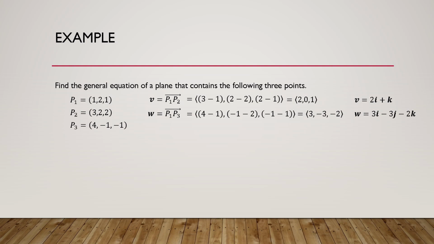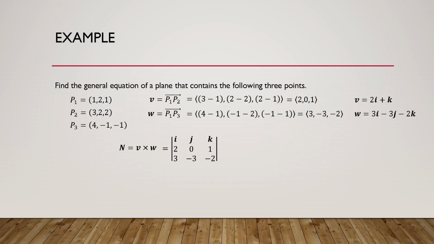Next, we find the normal vector to the plane by taking the cross product v times w. We use a 3 by 3 determinant with the first row as i, j, k, the second row from v: 2, 0, 1, and the third row from w: 3, -3, -2.